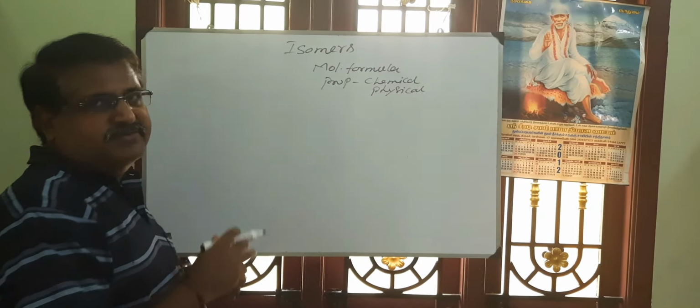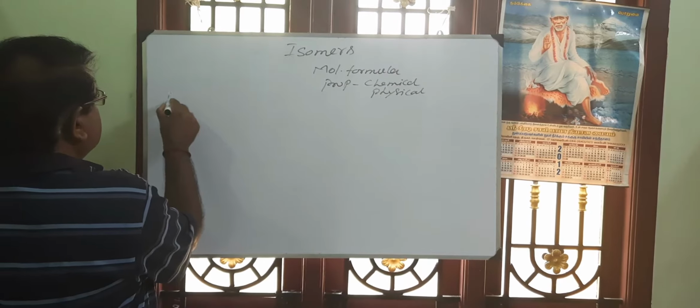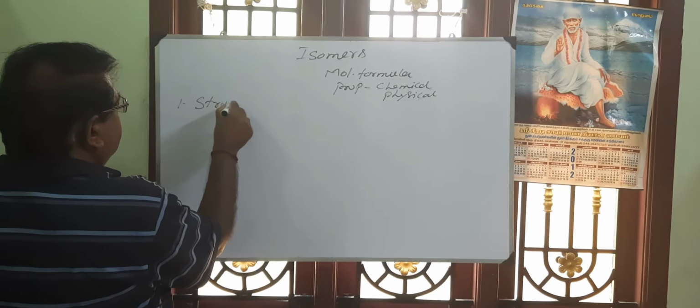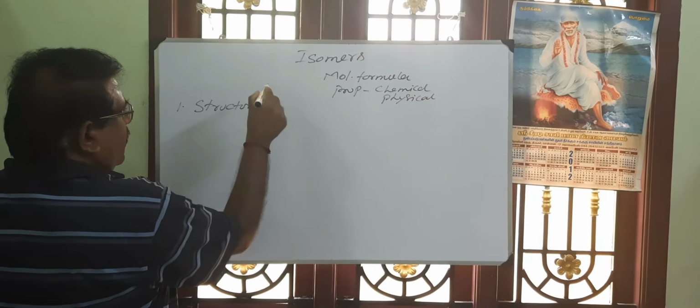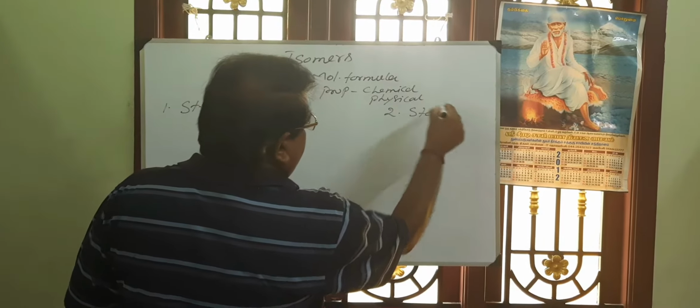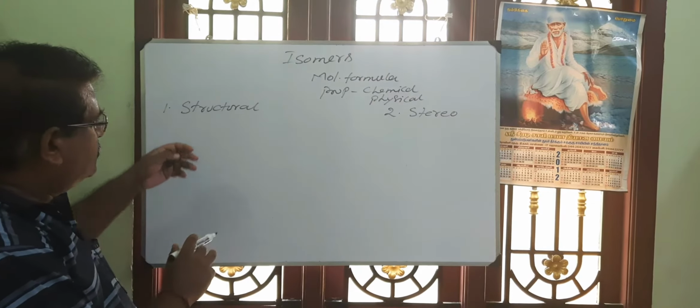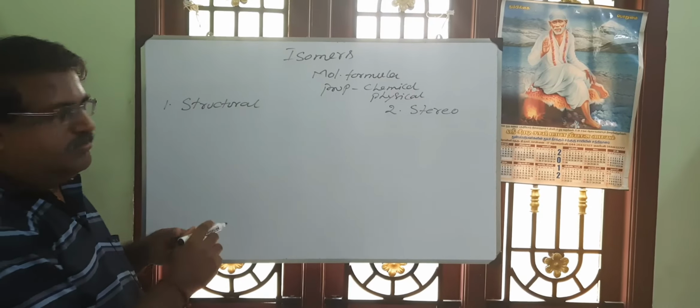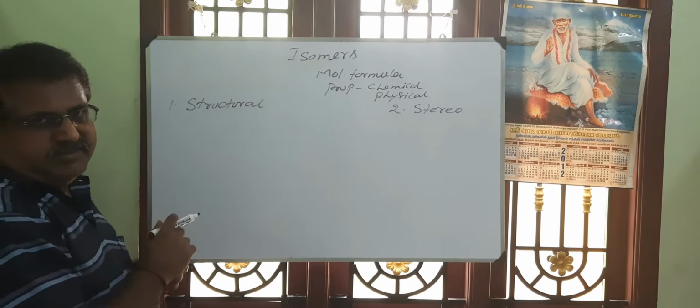There are two main types of isomers: structural isomers and stereoisomers. What are structural isomers?